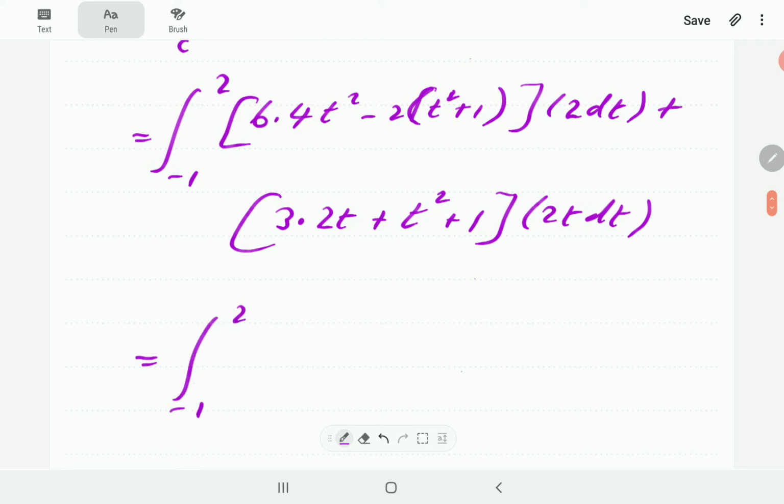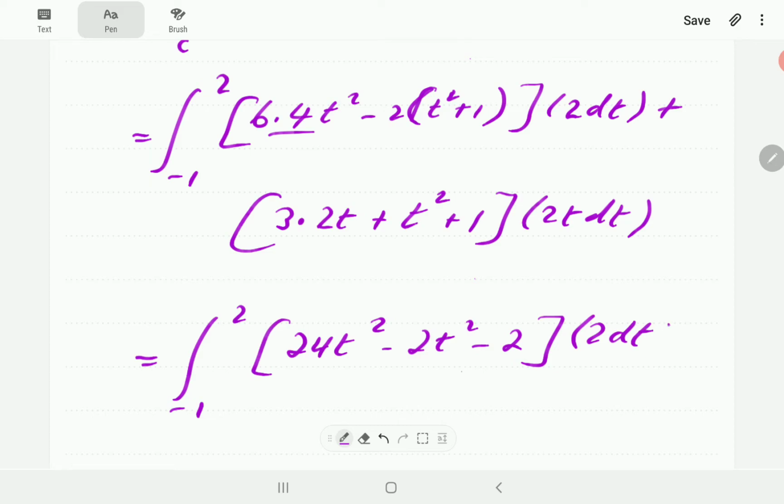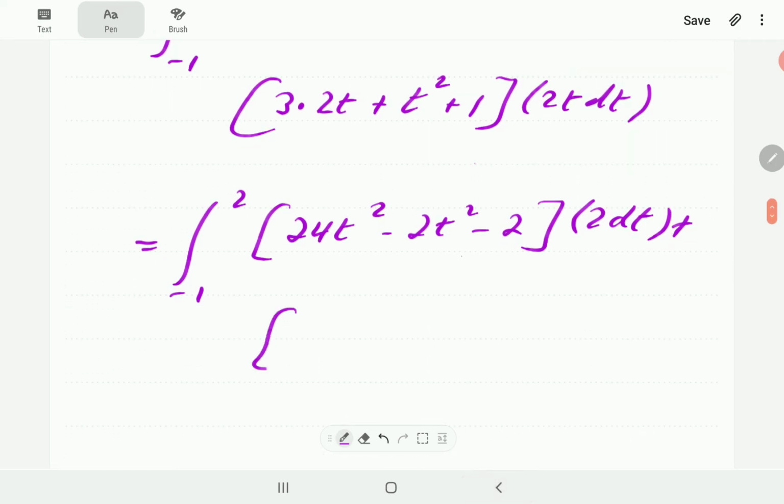So removing the brackets, just simplifying to start with, this is going to be 24t squared minus 2t squared minus 2. Then in the second term, we have 6t plus t squared plus 1. So this is still to be multiplied by 2t.